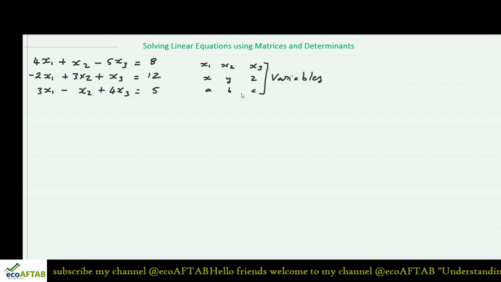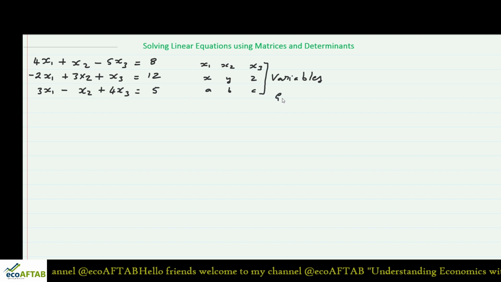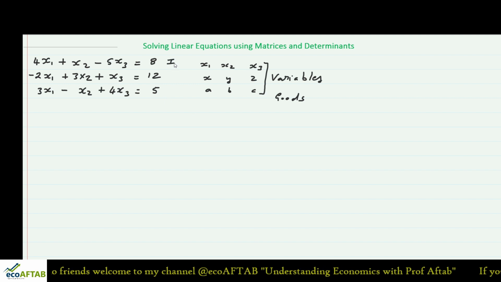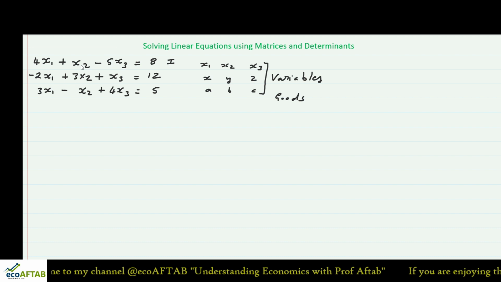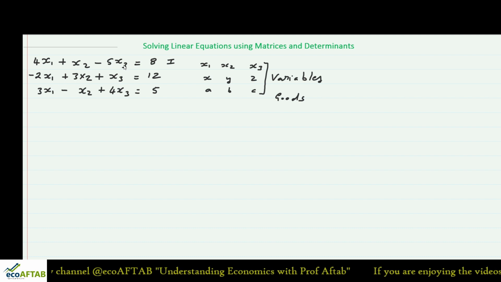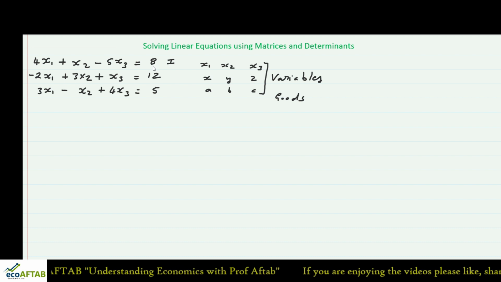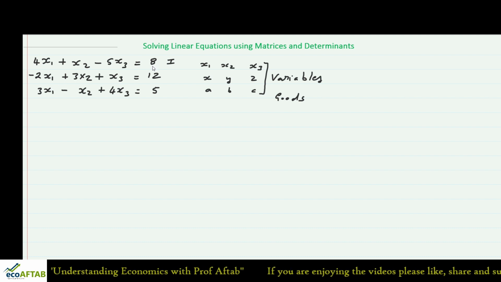If I say x1, x2, x3, it can be represented as goods. So, it is something like in market 1, 4 units of apple, 1 unit of mango and 5 units of oranges, and this is the income, that is constant 8. So, how are you going to divide your income?